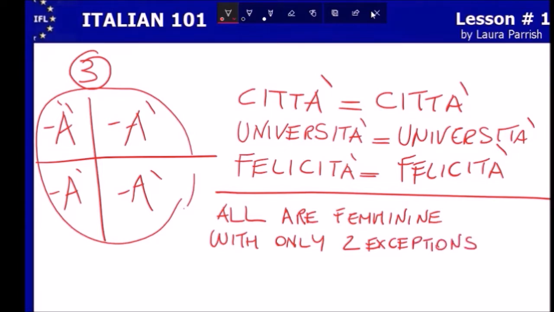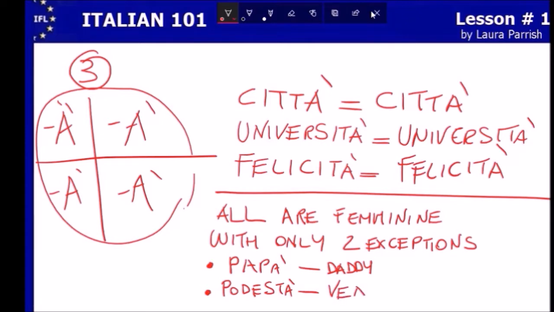Those two exceptions that are instead masculine are papà and podestà. Papà is daddy. Podestà was basically the king of Venice in the Renaissance, Middle Ages.